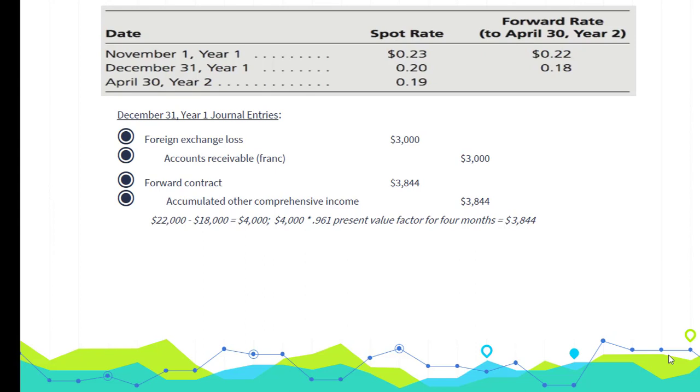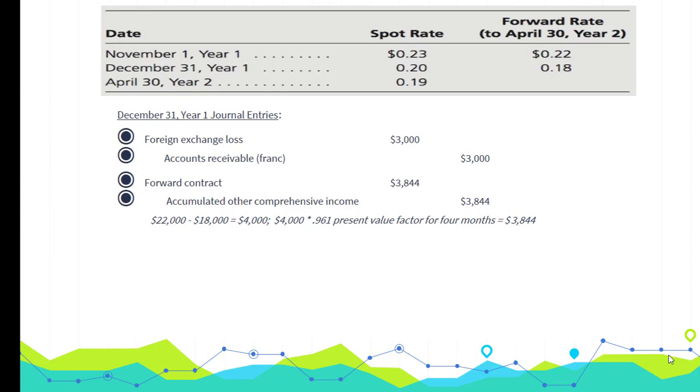And in this scenario, the annual interest rate is 12%, resulting in a monthly interest rate of 1%. So we can figure out a present value factor for 4 months by taking 1 and dividing by 1.01 raised to the 4th power. And that equates to a present value factor for 4 months of 0.961.